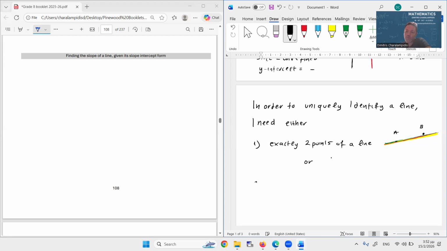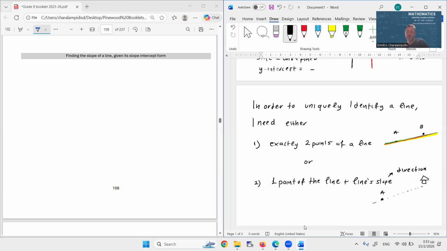Or secondly, if we have 1 point of the line plus the line's slope, which remember, we have said that the slope plays the same role as the line's direction. So if I know that my line is passing through point A and has a direction towards this house here, then I would still be drawing one unique line.